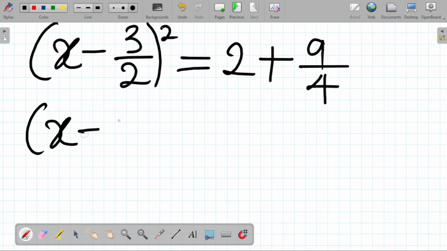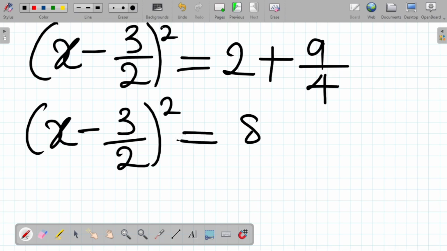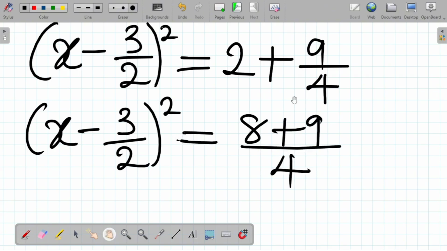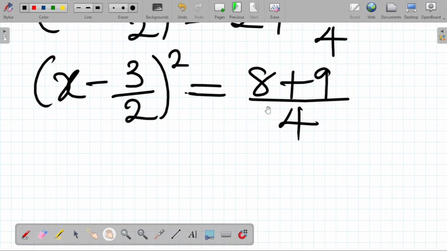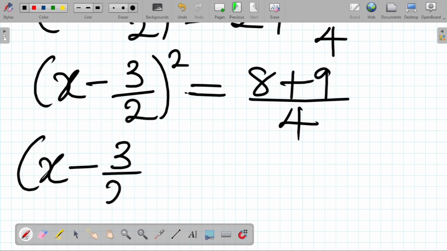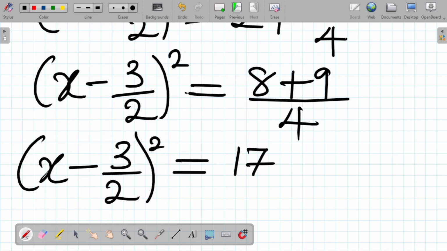So x minus 3 all over 2 all squared is equal to 2 plus 9 all over 4. That means if you take the LCM of 2 plus 9 all over 4, it will give you 8 plus 9 all over 4. So x minus 3 all over 2 all squared is equal to 8 plus 9 is giving us 17 all over 4.